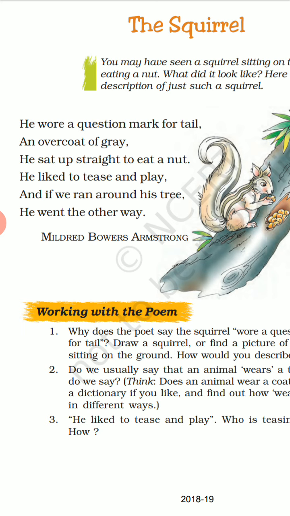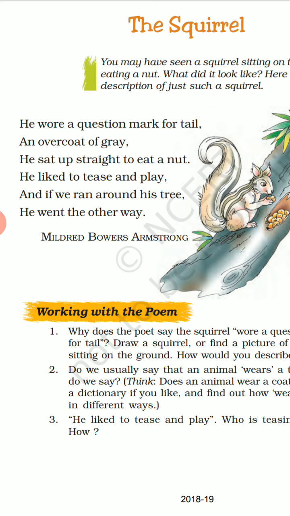Which means the poet says that if they ran round his tree, then the squirrel would not be frightened. The squirrel will not try to run away from there, but the squirrel will always run around the tree, but only from the opposite side.